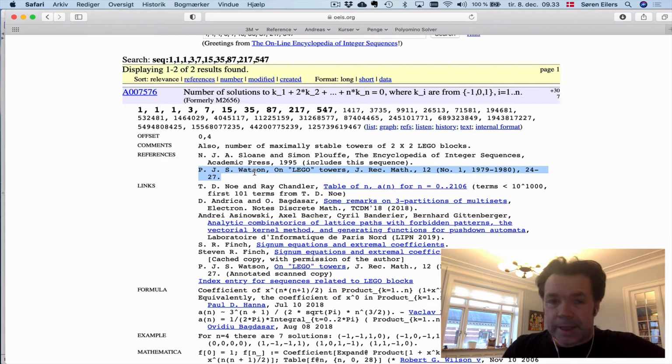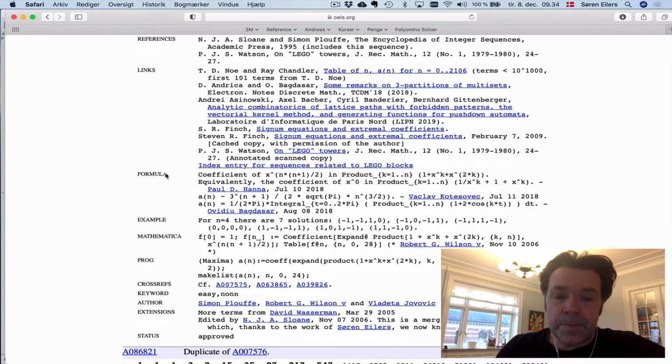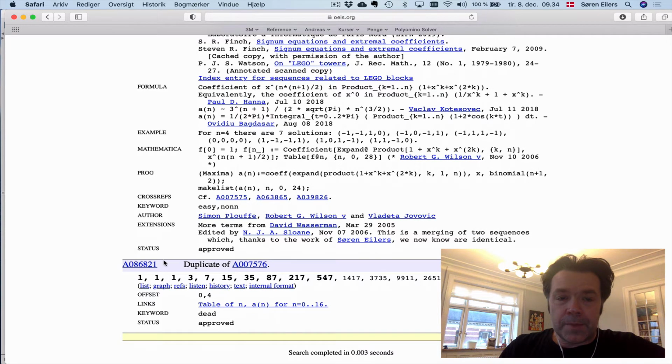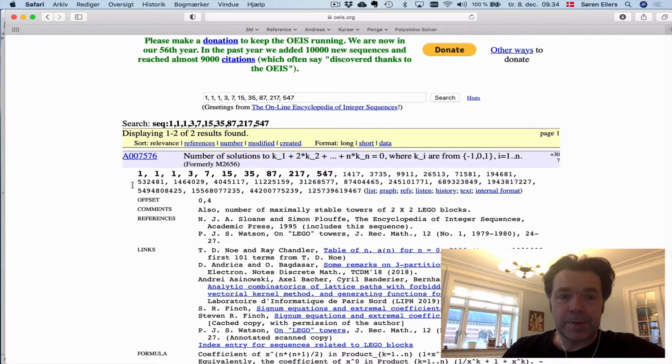Well, yes. What happened to me was that I was looking up this sequence, being interested in these kinds of problems in the online encyclopedia some years ago, and I found two entries with the same values. One entry was related to the Watson paper, that's this one here, and the other one had the description given up here.